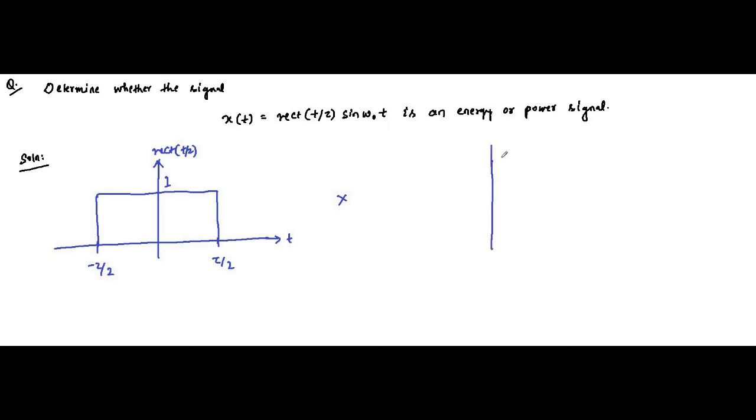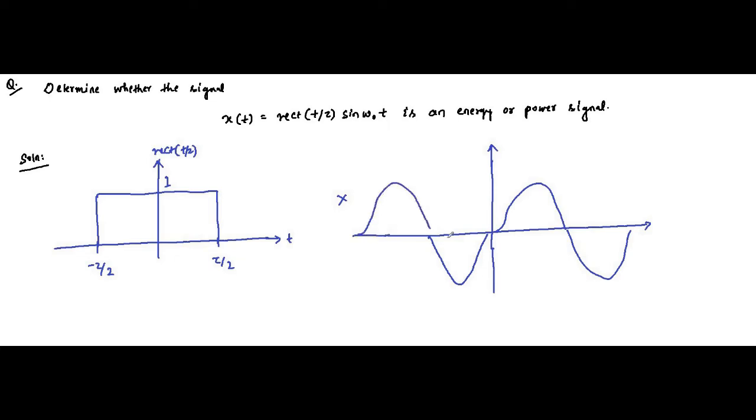the sinusoidal signal, like this. This is sin(omega 0 t). So when it gets multiplied with these two, for t greater than tau by 2, it is 0.